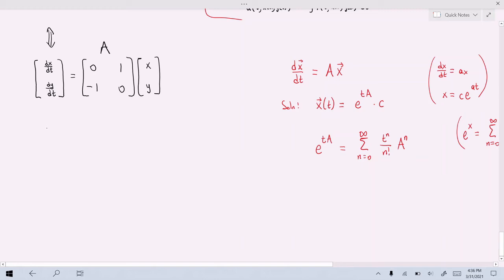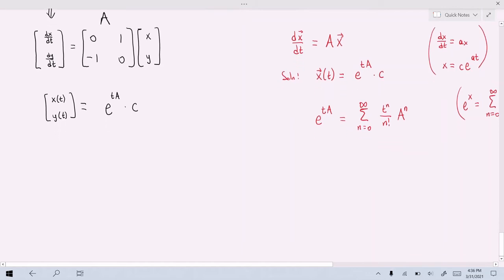We can say that the solution, x of t, y of t, should be equal to e to the tA, where A is this matrix that we have here, times some constant vector c.